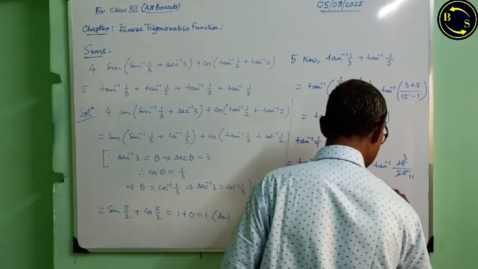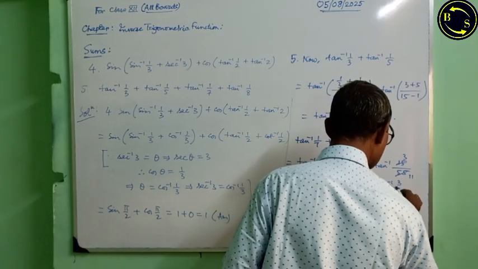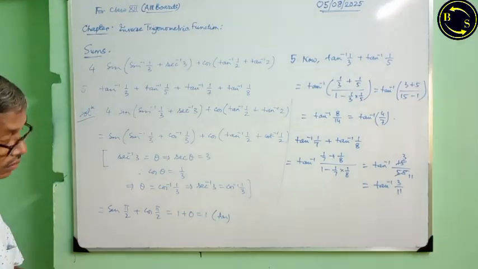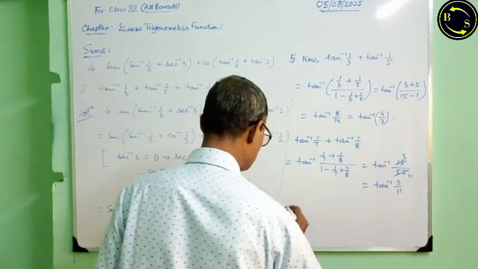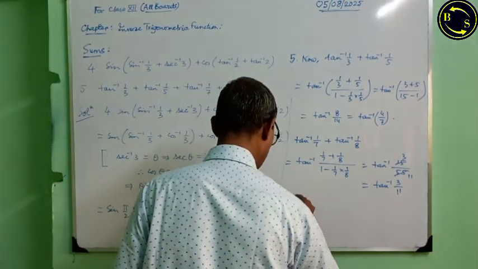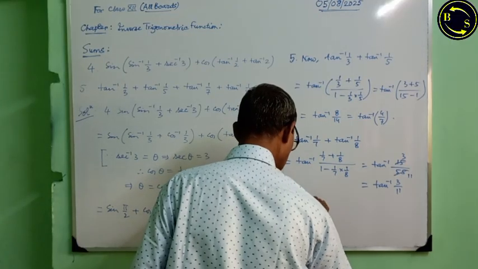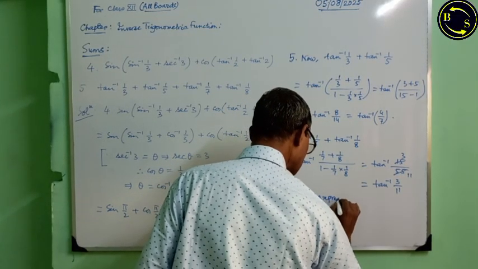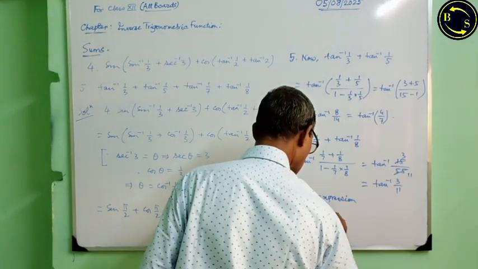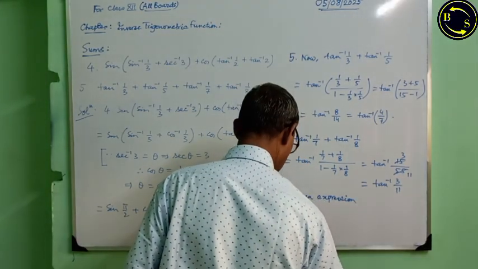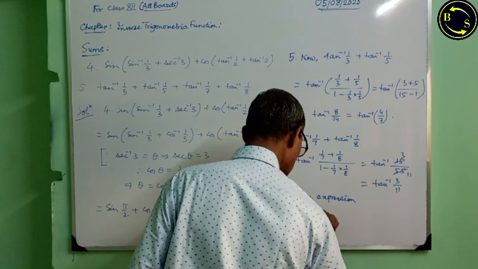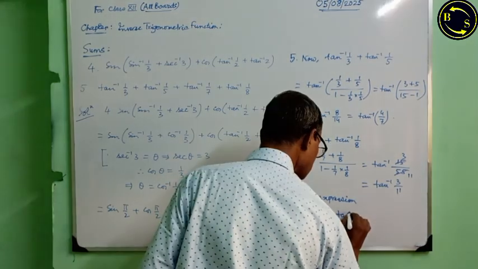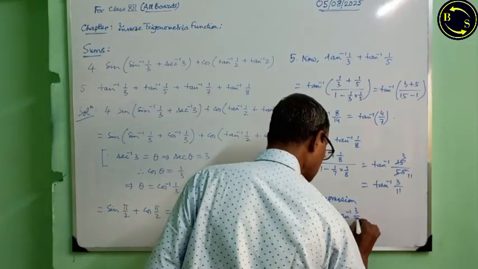That is tan inverse 3 by 11. Therefore, finally, given expression is equal to tan inverse 4 by 7 plus tan inverse 3 by 11.